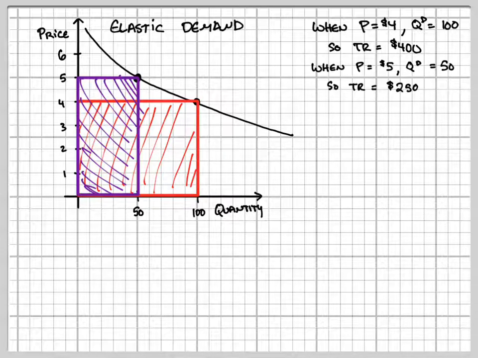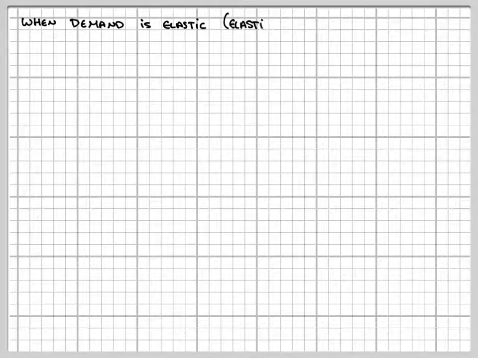So to summarize, when demand is elastic, so where the elasticity is greater than 1, P and total revenue move in the same direction.